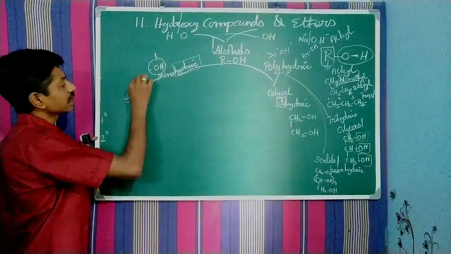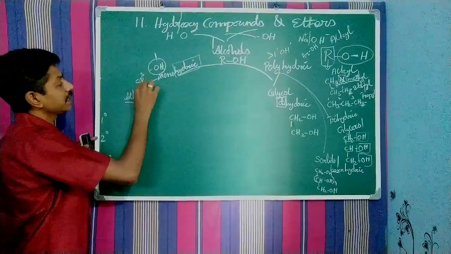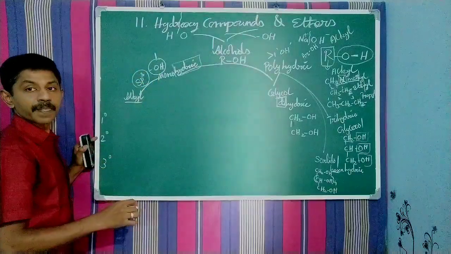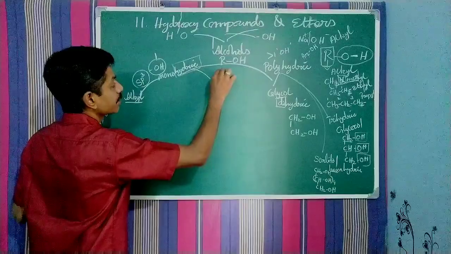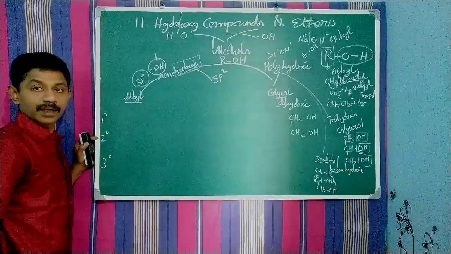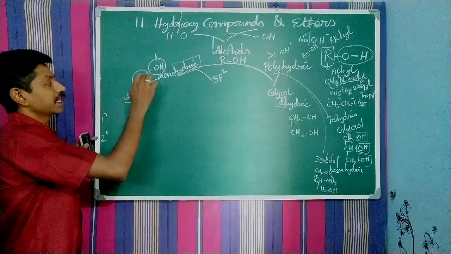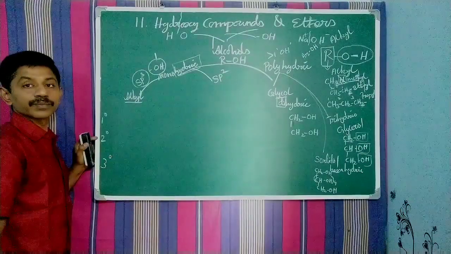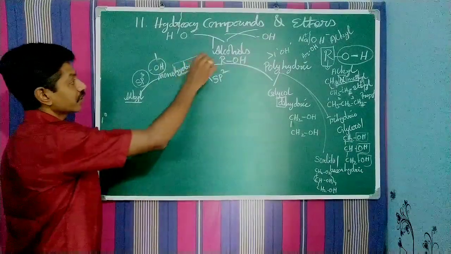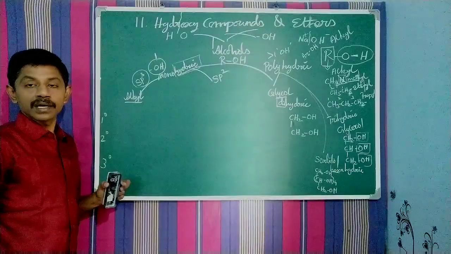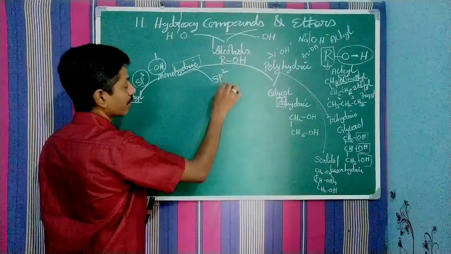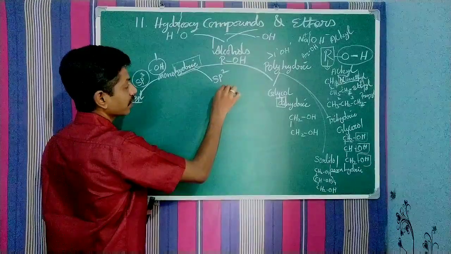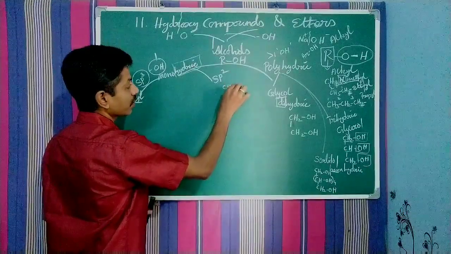All these come under sp3 type of hybridization. And another classification of monohydric is sp2 type. What is sp3, what is sp2? While discussing the structure of the OH group, I will explain exactly. Now for sp2 hybridized, there is a possibility of an unsaturated compound.